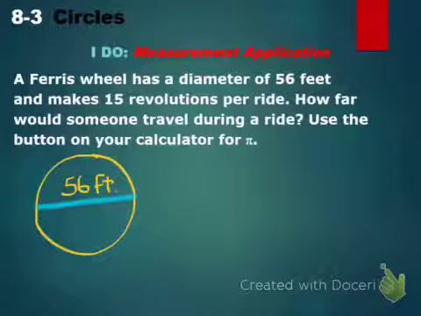How far would someone travel during a ride if it made 15 revolutions? So revolution means to go around once. So first we need to find out how far it is to go around once. But then after we find that, which is our circumference, we're going to multiply it times how many times it's going around, which is 15.